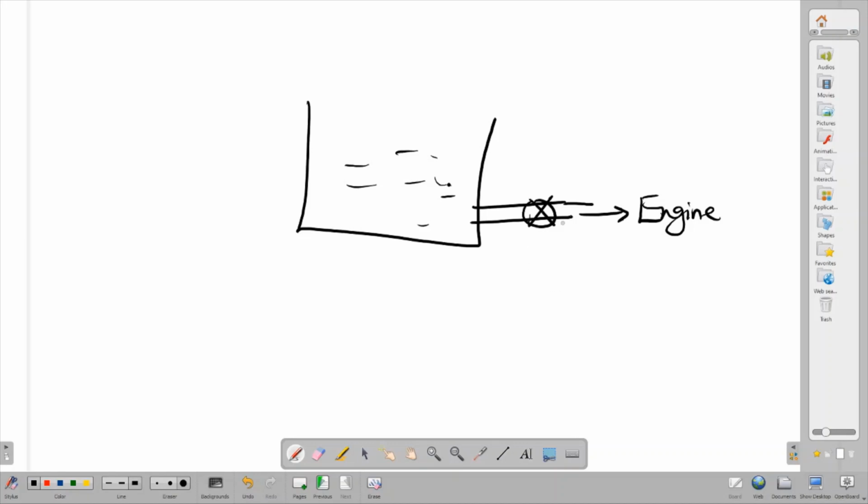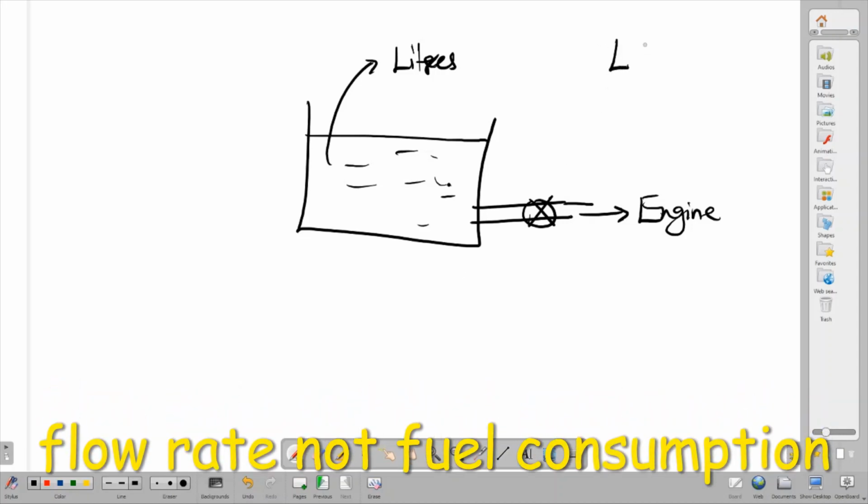Let's say there's a valve here. The fuel in it, we know it to be of a known quantity in liters. So the time that it will take for the engine to finish this fuel will give us the fuel consumption, which will be in the unit of liters per unit time.